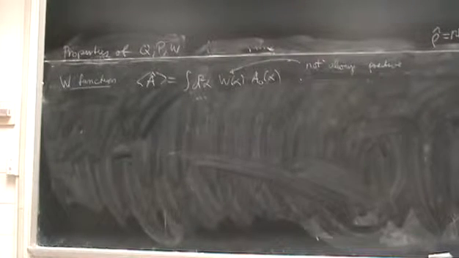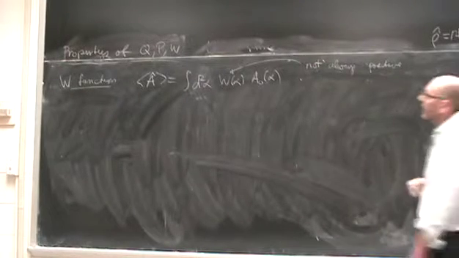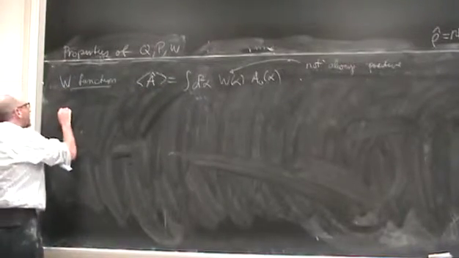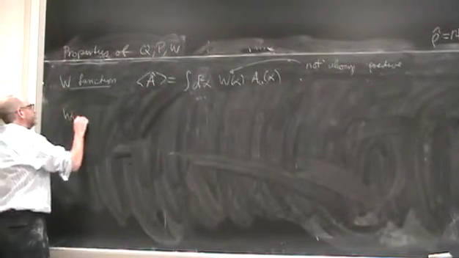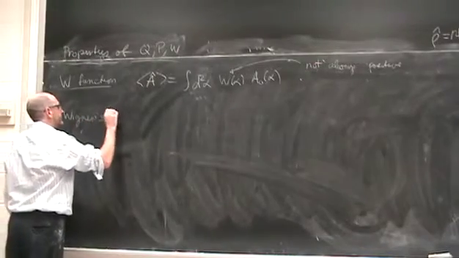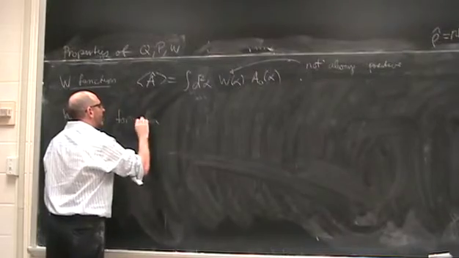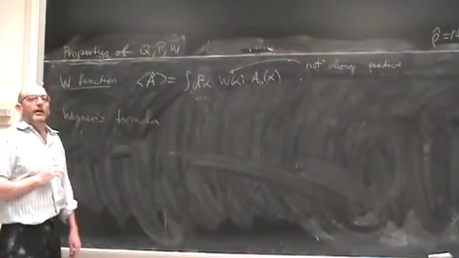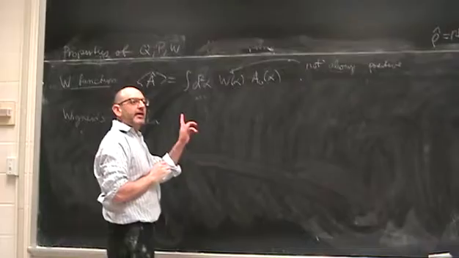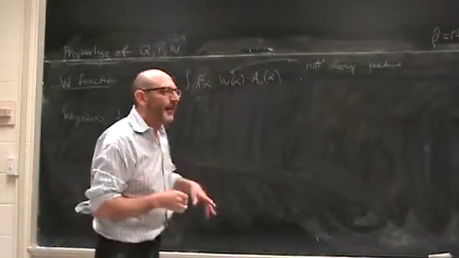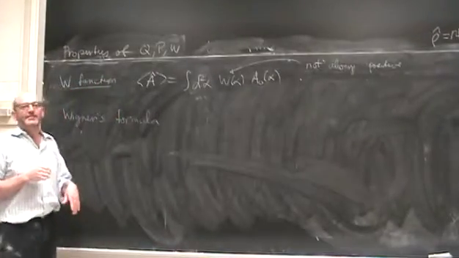Right, so let's see. Where are we? Yeah. So other properties of the Wigner function. Now, Wigner's formula. When Wigner wrote down the Wigner function, he didn't do it in terms of all this fancy Cahill math.